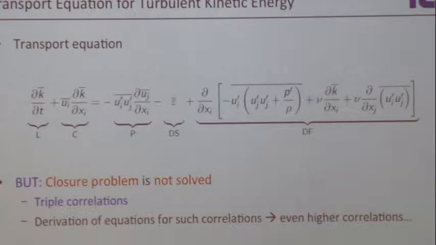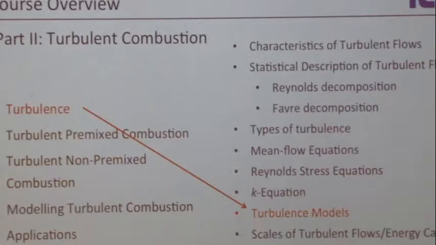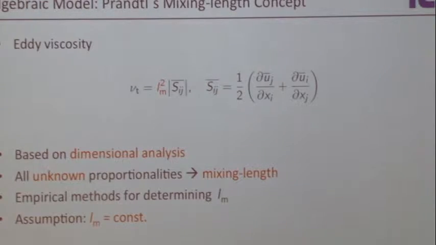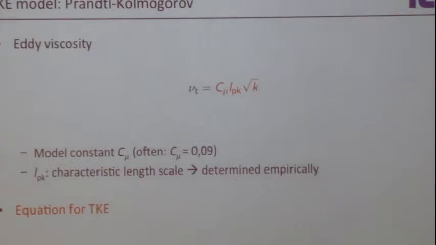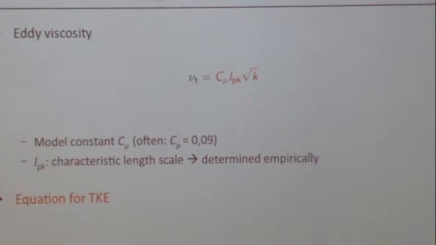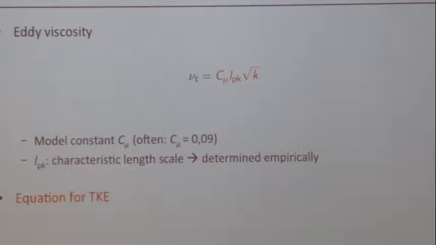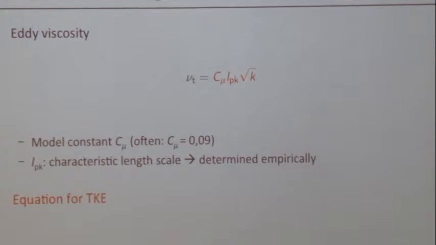This here we use a gradient transport assumption, and this here, there's a model for this also. So this needs to be closed, but that's how this model works. So here you solve an equation for kinetic energy, and you still have to guess this thing. So it's still a model. It's not complete in the sense that as a user, you don't need to have real good physical insight, okay?